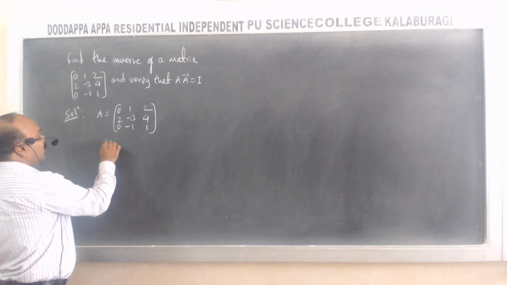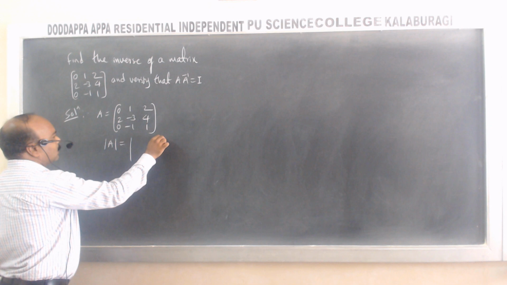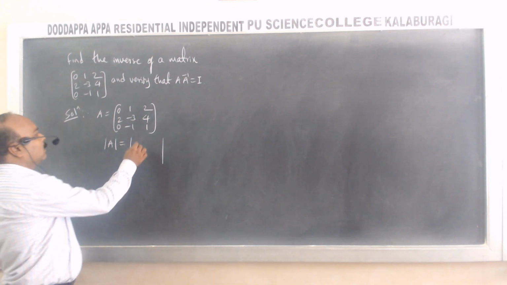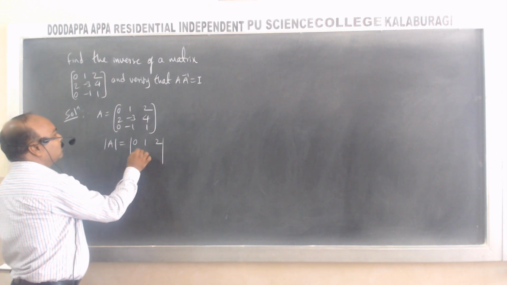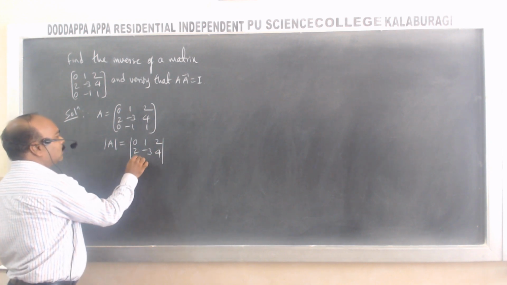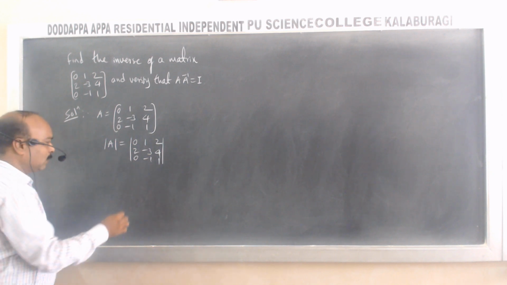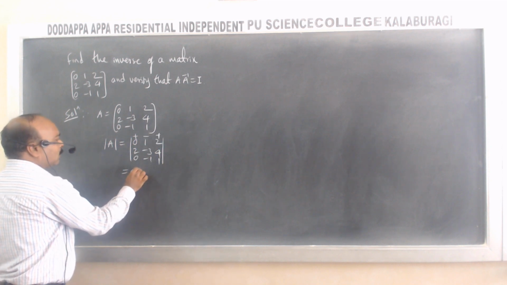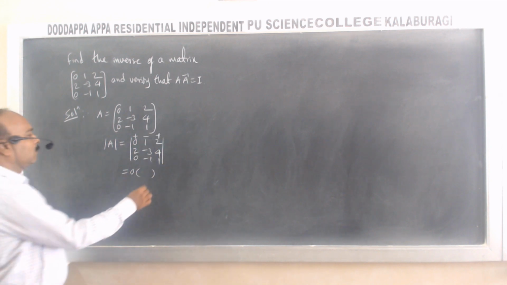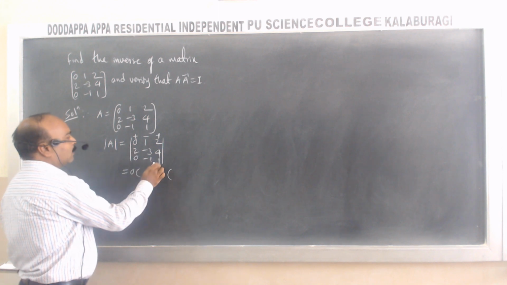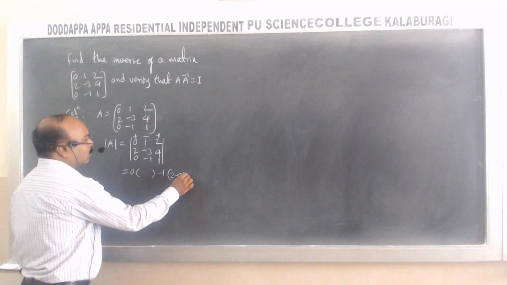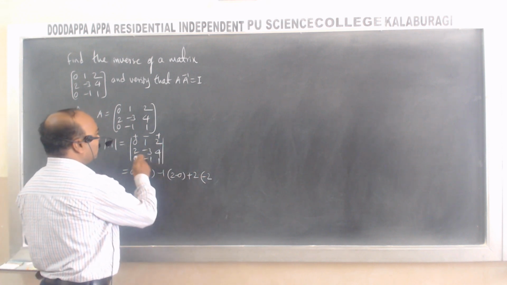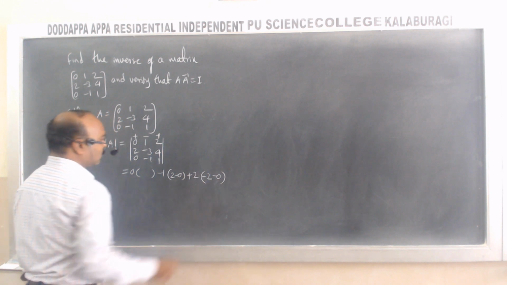Before that we go for the determinant of A, for checking whether it is a singular or non-singular matrix. We write it as [0, 1, 2; 2, -3, 4; 0, -1, 1]. Now it is expanded plus minus plus. First entry 0, minus 1 into (2 minus 0), plus 2 into (minus 2 minus 0).